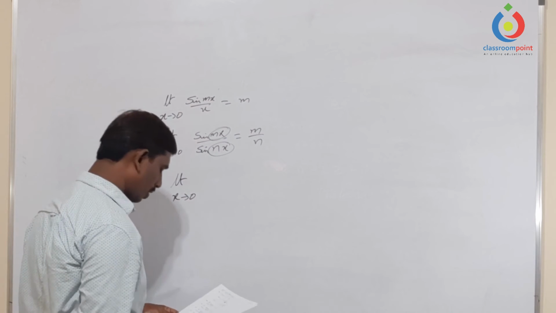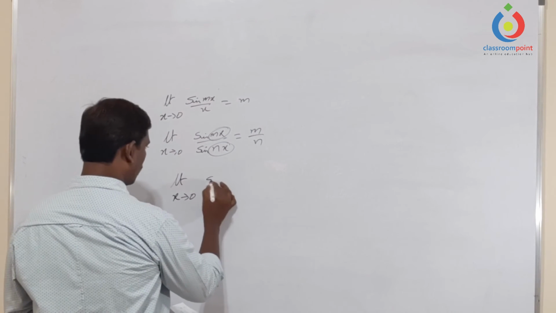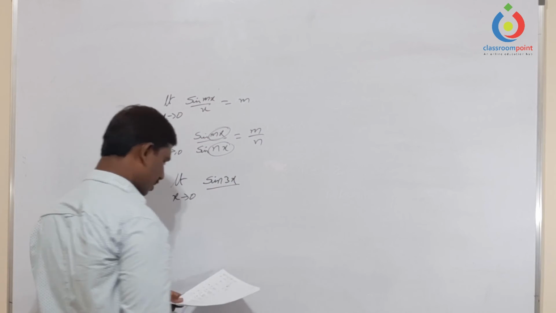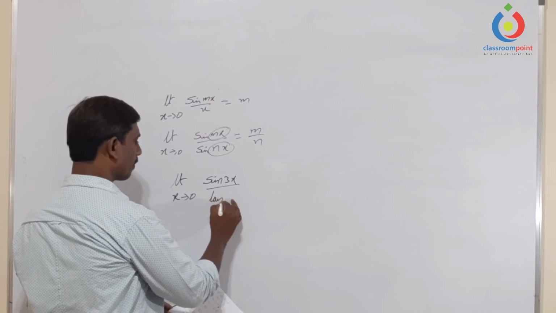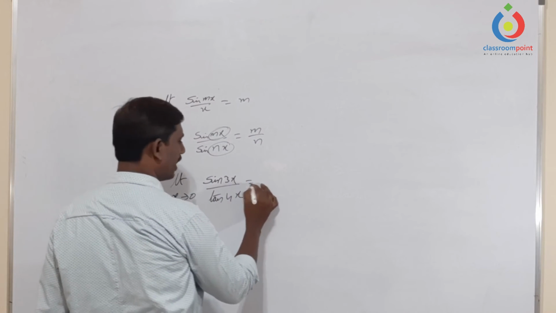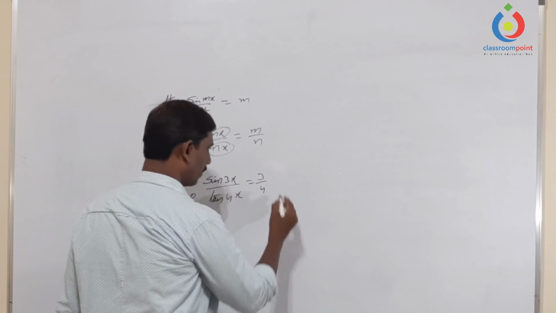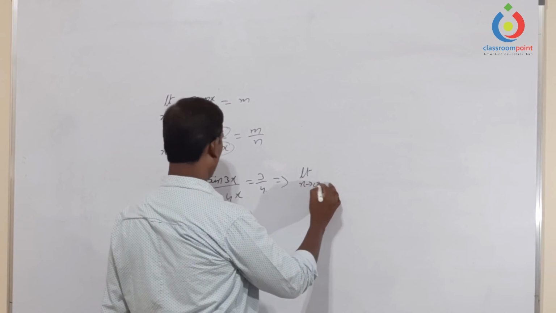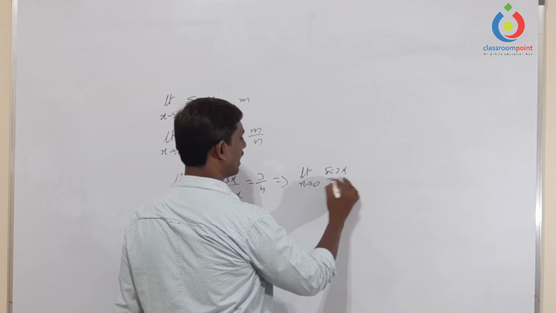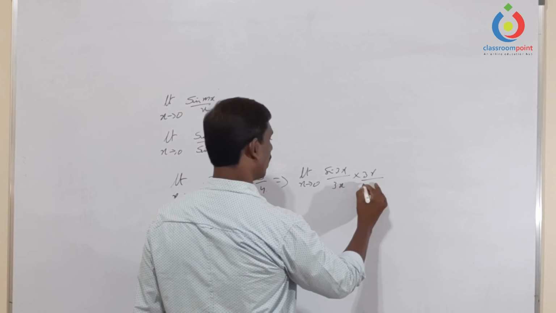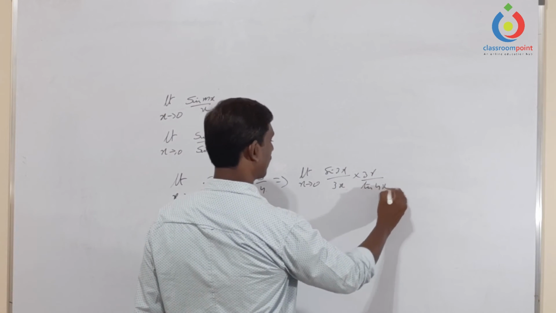And the next one: limit x tends to 0 of sin 3x by tan 4x. Direct answer is 3 by 4. Sir, how do we get 3 by 4? If you have any doubt, it is simple. Limit x tends to 0 of sin 3x by 3x into 3x by tan 4x.